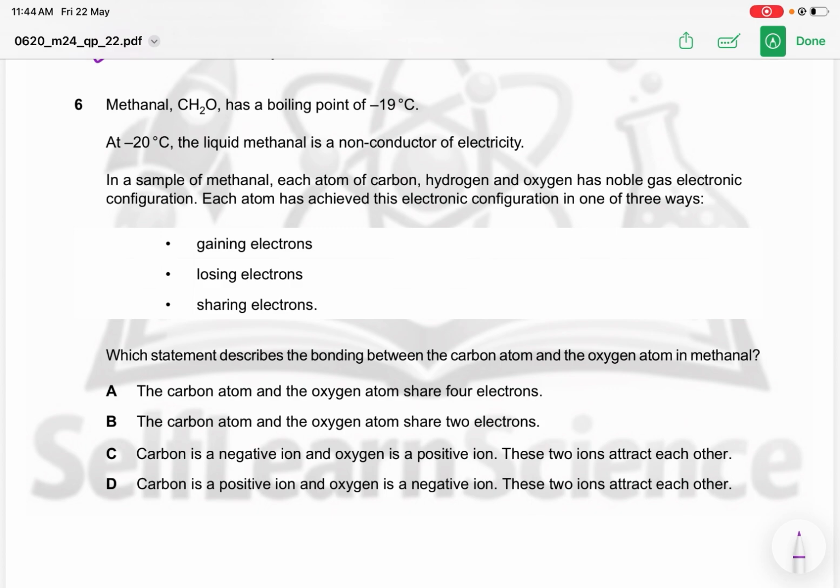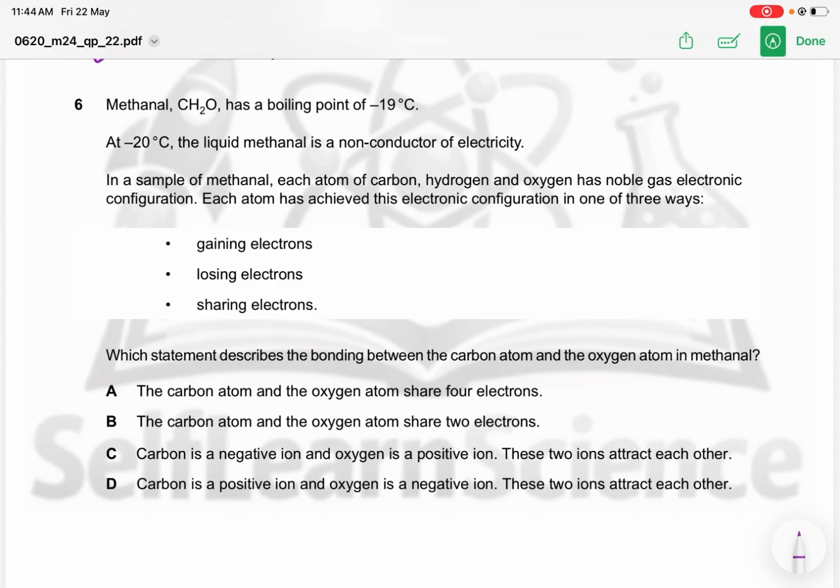Methanol CH4O has a boiling point of minus 19 degrees Celsius. At minus 20 degrees Celsius, the liquid methanol is a non-conductor of electricity. In a sample of methanol, each atom of carbon, hydrogen and oxygen has a noble gas electronic configuration. Each atom has achieved this electronic configuration in one of 3 ways: gaining electrons, losing electrons, sharing electrons.